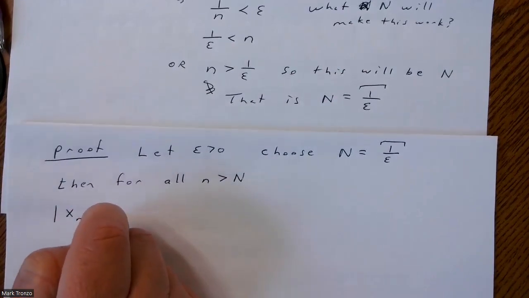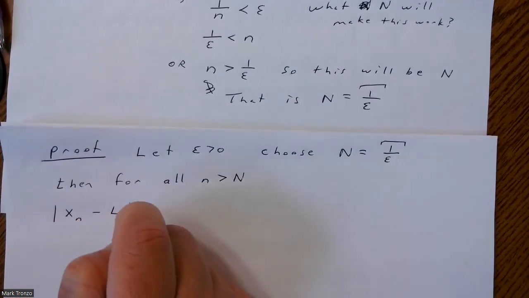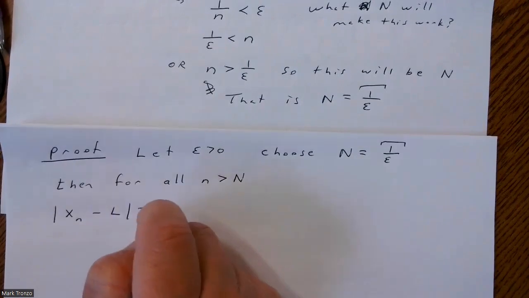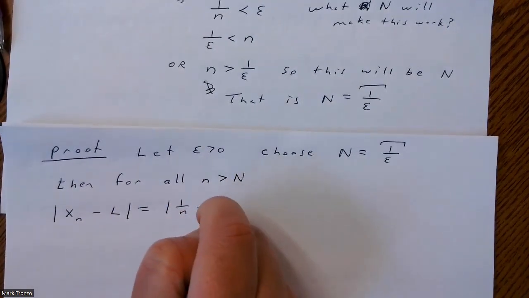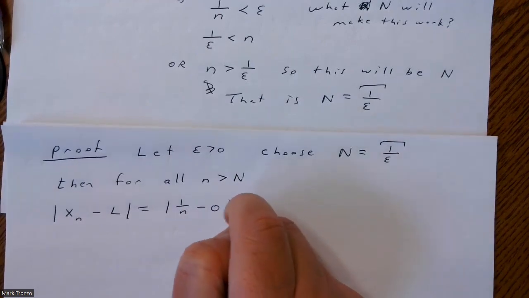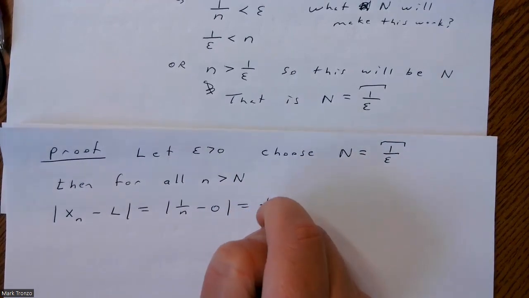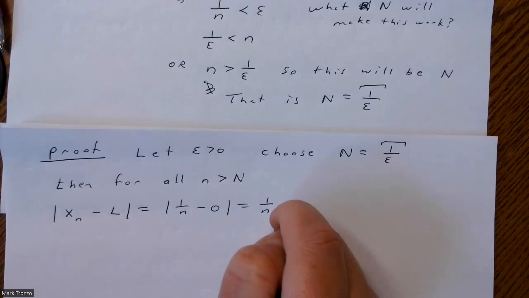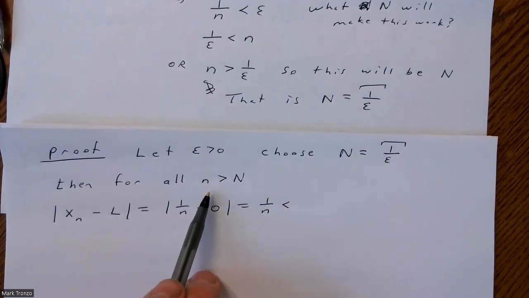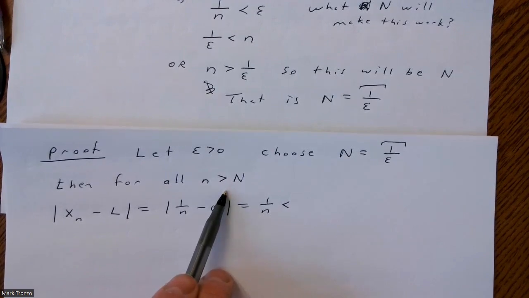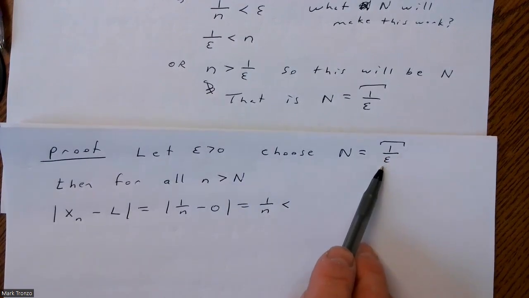And once again, I'm going to put L here rather than X, because that's a little bit more descriptive, saying that that's the limit. And once again, you don't have to put all these steps in. I'm just doing it at the beginning to show what you have. And once again, because small n is greater than capital N, that means small n is greater than 1 over epsilon.